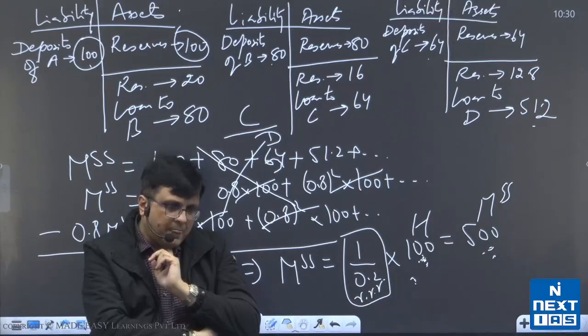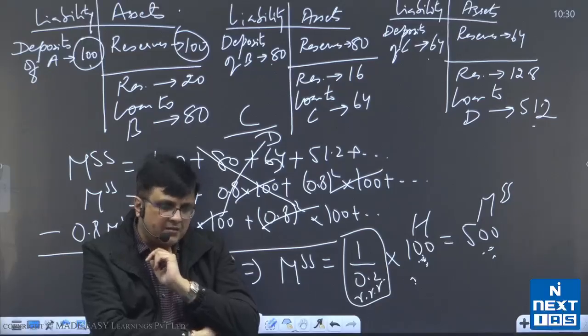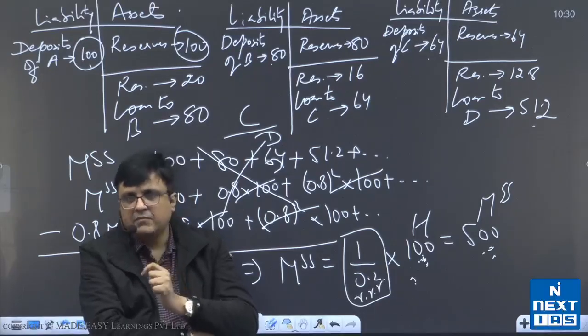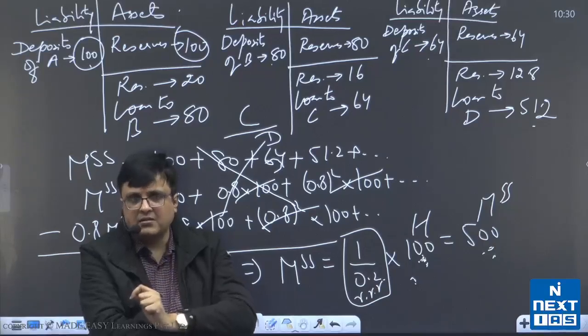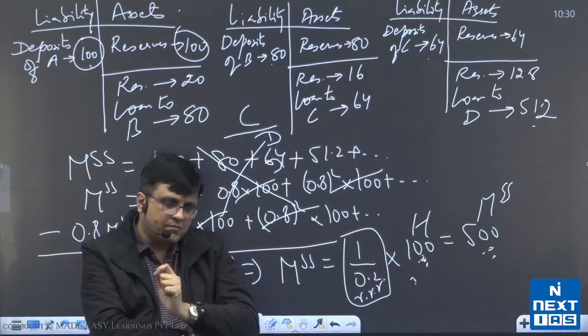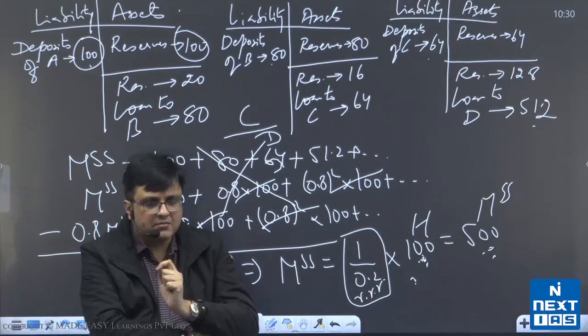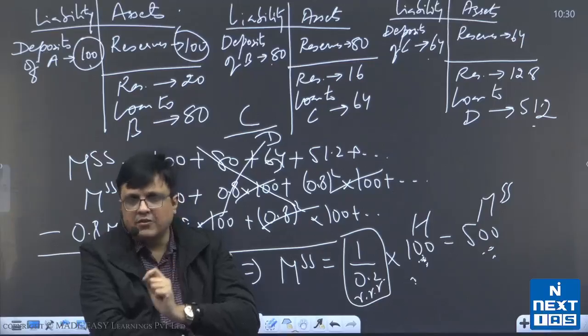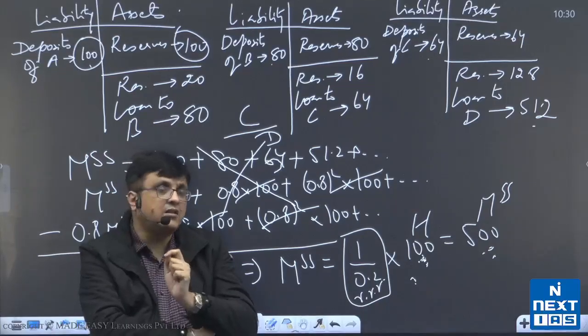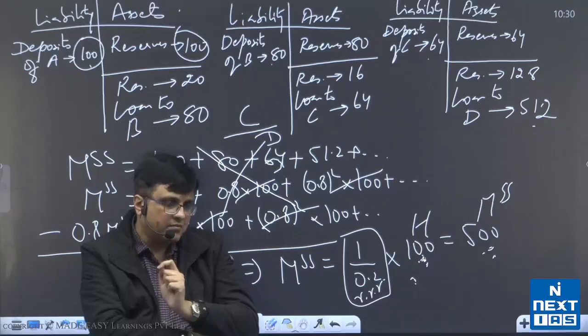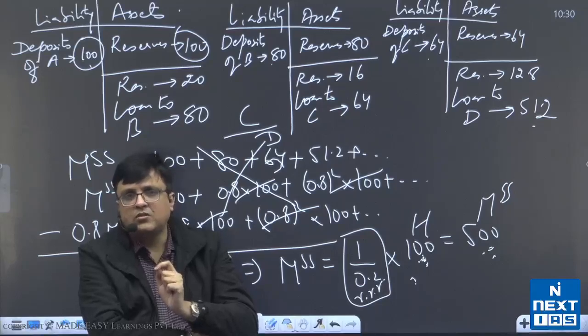then RBI restricts the bank. This is the prompt corrective action that they take. RBI restricts the bank from accepting deposits, giving loans, and even increasing the salary of their CEO.